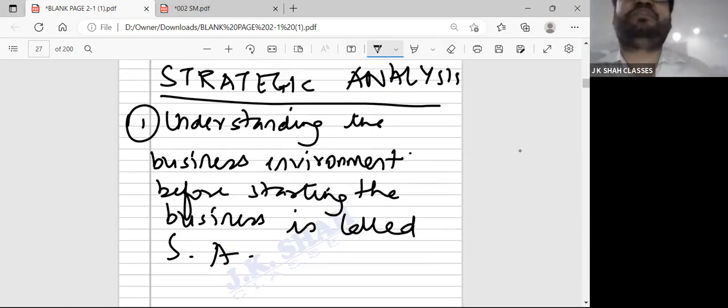By the way, the same thing I wrote in the morning batch. You want that notes? Understanding the business environment before starting the business is called as strategic analysis. It's there in the book, right? It's there.